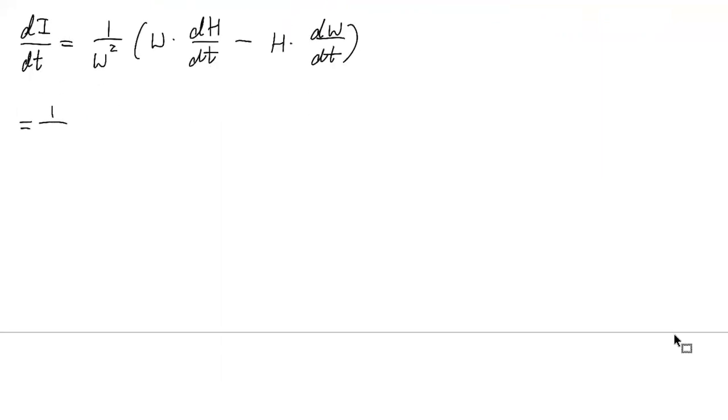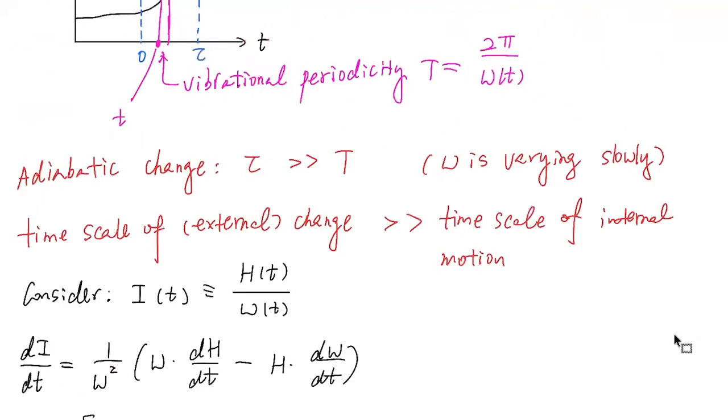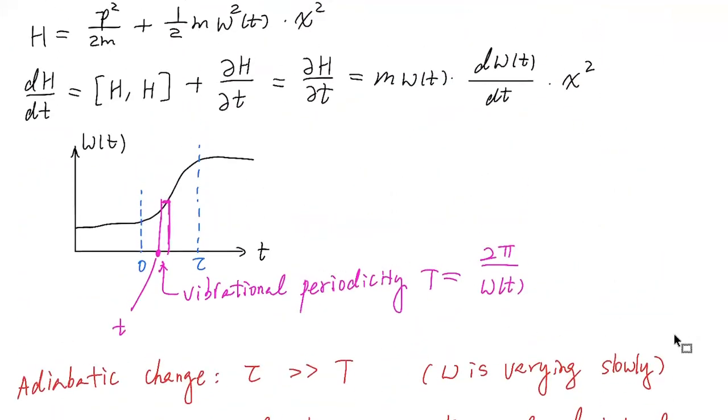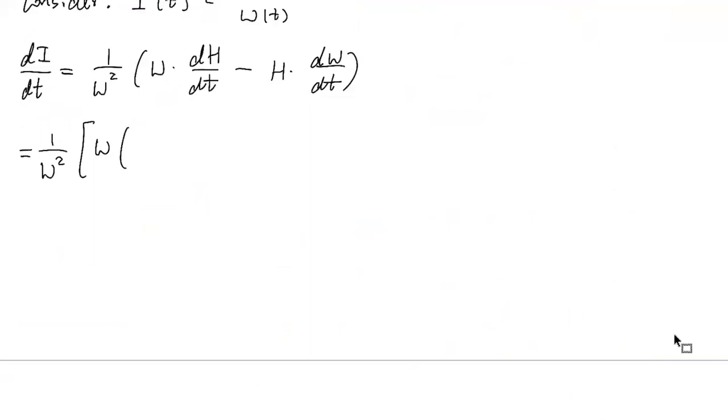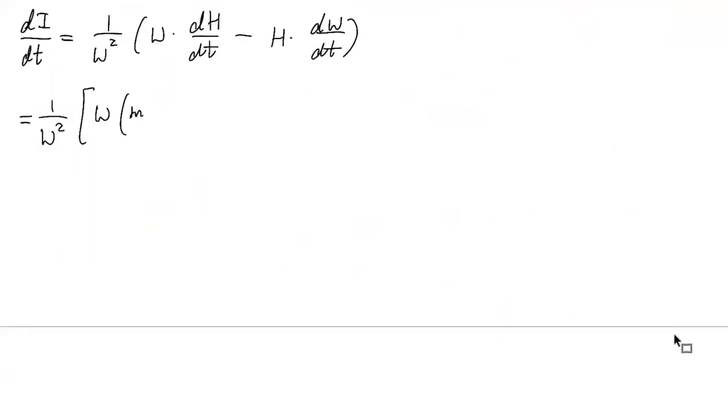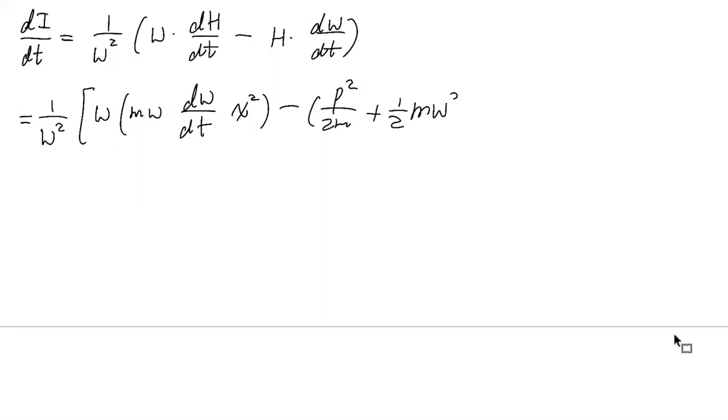And this is equal to 1 over omega squared times omega times, what is dH/dt? Well, we already figured out dH/dt is equal to m omega d omega/dt times x squared, minus H, kinetic energy plus the potential energy, times d omega/dt, right?